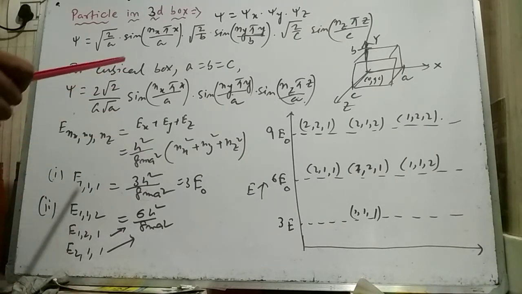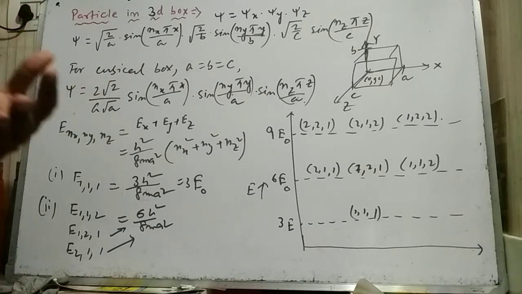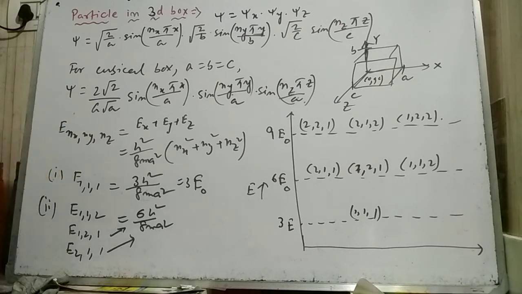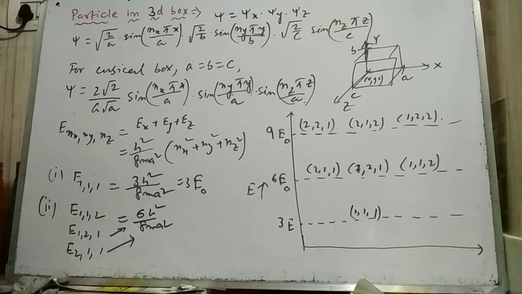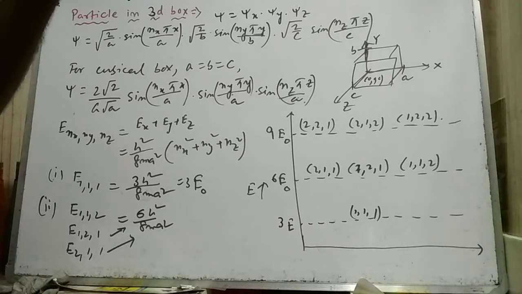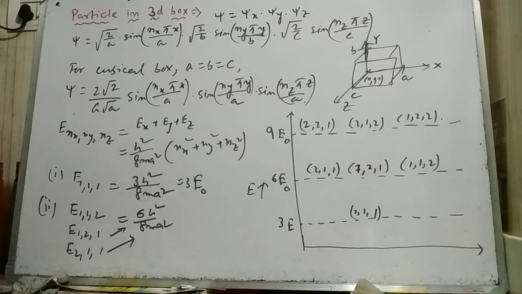And the energy of the first excited level is given by E112. First excited state means one quantum number is 2, but the other two quantum numbers are 1. It is to be remembered that in case of the first excited state, that is the E2 level, one quantum number is 2, but the other two quantum numbers are 1.